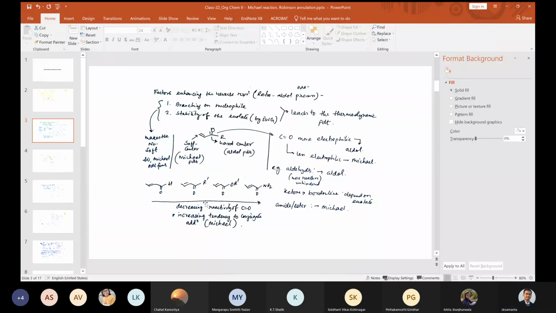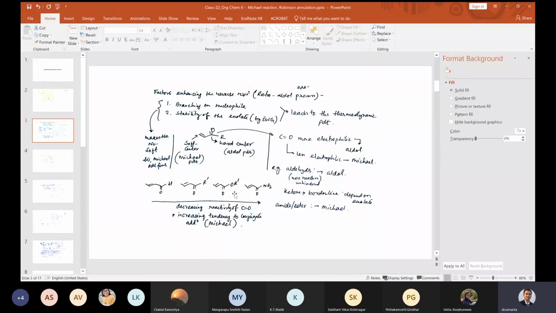Now, the reactivity of the carbonyl center also dictates whether it would be a 1,2 addition product or a 1,4 addition product. For example, in this series, this is an aldehyde, this is a ketone, this is an ester, this is an amide. From aldehyde to ketone, the reactivity of this carbonyl carbon decreases.